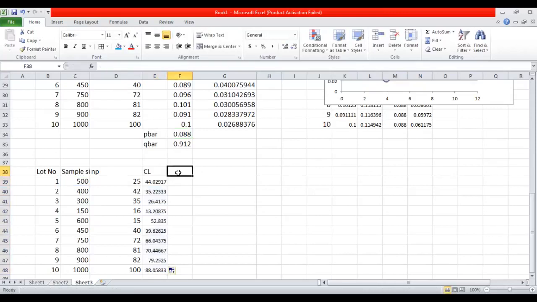Next, for UCL and LCL values, what do we write? Ni into P bar plus 3 into under root of N into P bar into Q bar. So I'll now find 3 into square root of P bar into Q bar, N into P bar into Q bar.